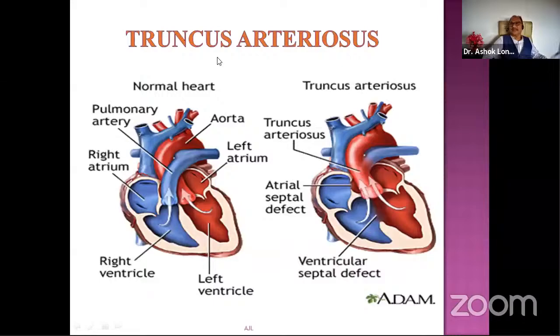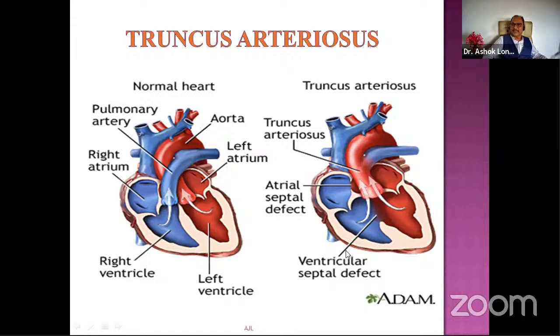If there is a defect in the truncus arteriosus, it is supposed to divide into two. If it is not divided right and left side, what will happen? This continues. If it remains continuous in the later stage, there will be one opening for the pulmonary artery and the aorta also.